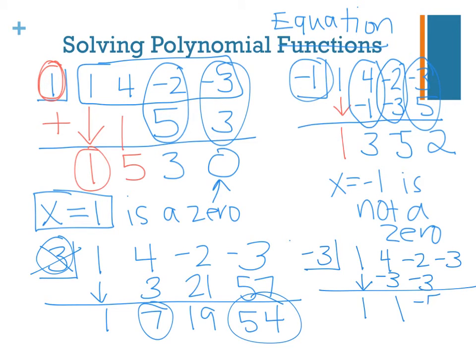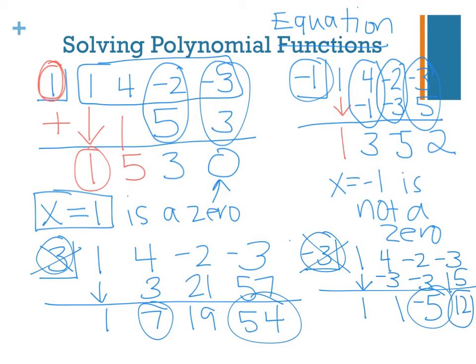I get negative 5 here when I add negative 2 and negative 3. And negative 5 times a negative 3 gives me positive 15. And when I add that to negative 3, I get 12. So negative 3 is not a zero of the function because we get a remainder of 12 and not a remainder of 0. So all our rational zeros are tested.